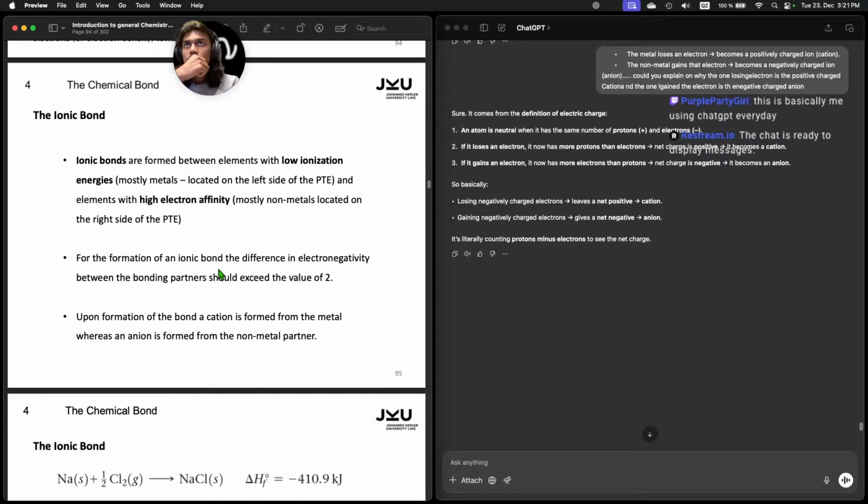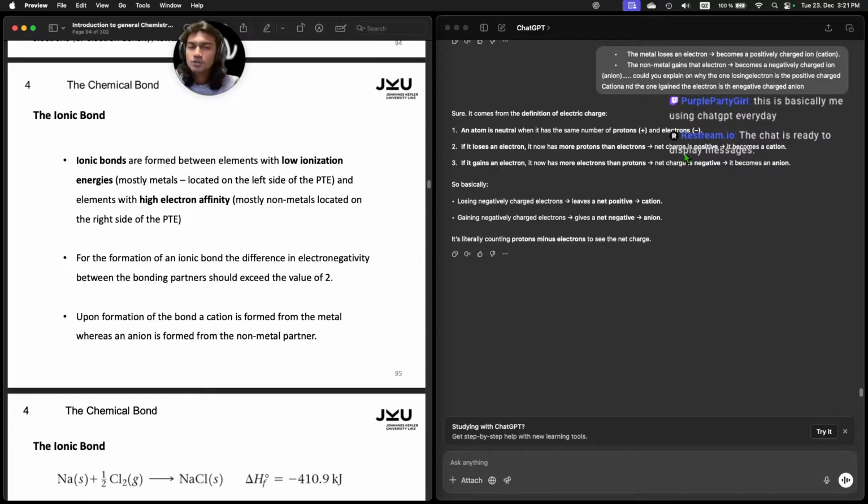For the formation of an ionic bond, the difference in electronegativity between the bonding partners should exceed the value of 2. An atom is neutral when it has the same number of protons and electrons. If it lost an electron, it has more protons, so the net charge is positive.